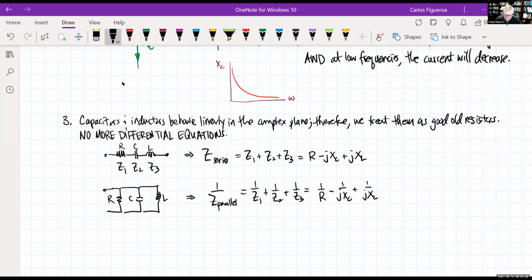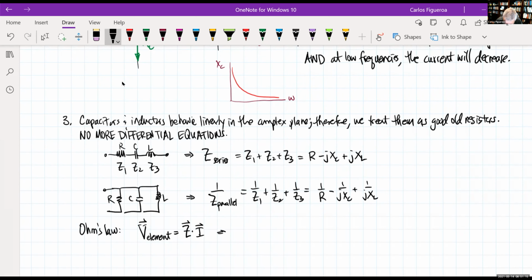So that means if they're linear, now that I have series and parallel, I can think in terms of Ohm's law. Ohm's law says the voltage of any element will be its impedance times its current.